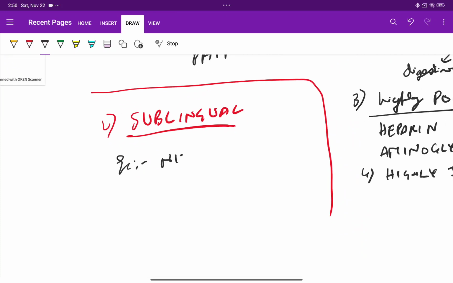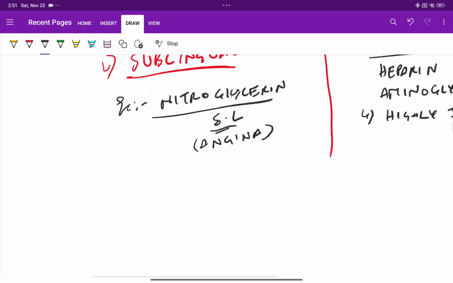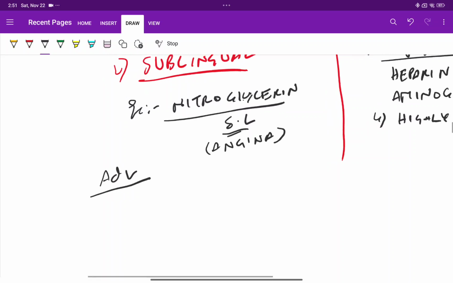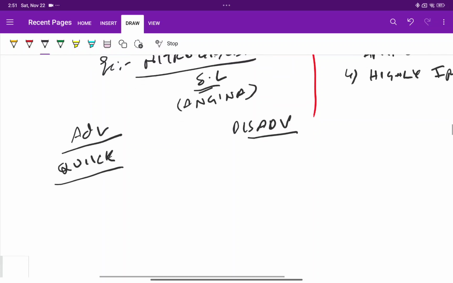A common example for the sublingual route is nitroglycerin tablets. It is given in sublingual form for an acute attack of angina. So what are the advantages and disadvantages of the sublingual route? Advantages: quick onset of action, and first pass metabolism is bypassed.